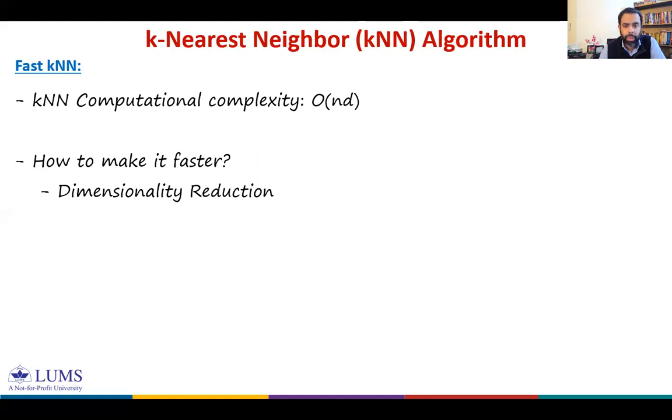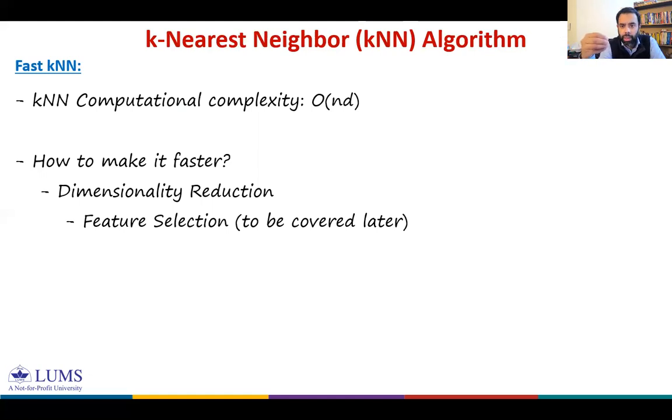The most commonly used methods to carry out this dimensionality reduction include feature selection, by choosing some metric, for example, correlation coefficient, to reduce the number of features. In the very first video, I briefly talked about this feature selection.